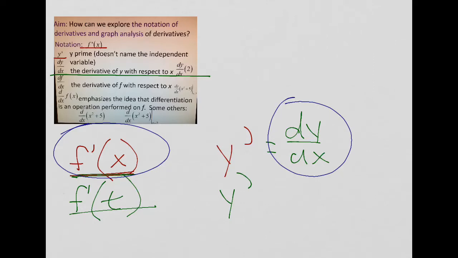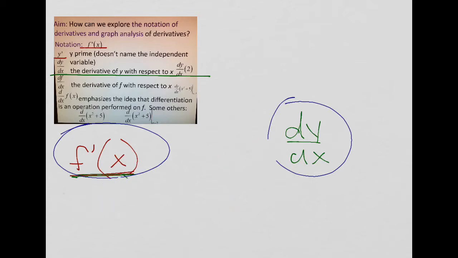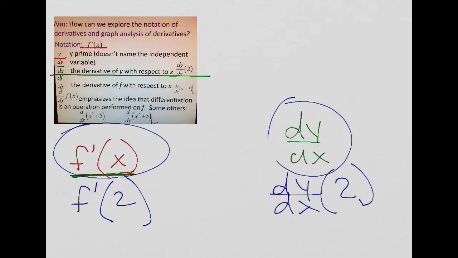Now, if there is a particular number that we're evaluating, then we plug in that number for x. So if we wanted the first derivative when x is 2, we just plug in the 2. Whereas over here, we don't plug it in for x. We would just use parentheses thereafter, as you see here.